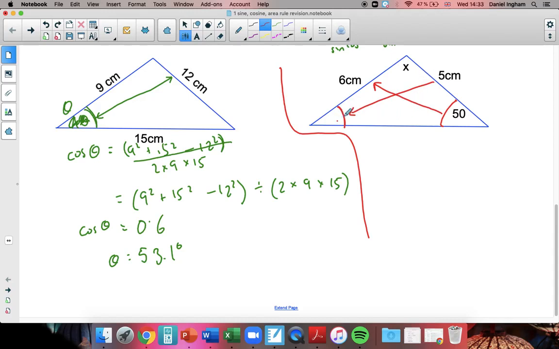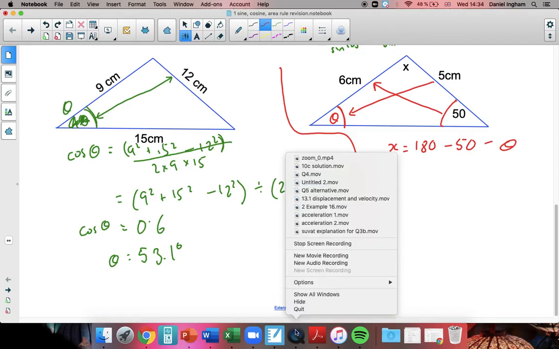You can find this quite simply using the sine rule, and then if I call this theta, then you know that x is 180 minus 50 minus theta. I'm not going to work that out now because I wanted to keep this video quick, and it's already become longer than I intended.